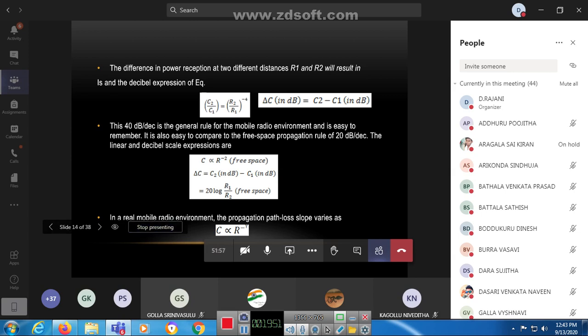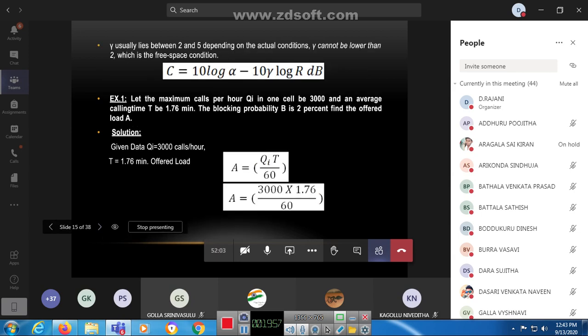So in a real mobile radio environment, the propagation path loss can vary, and gamma is usually between 2 and 5 depending on the actual conditions. Why can't it be lower than 2, which is the free space condition?